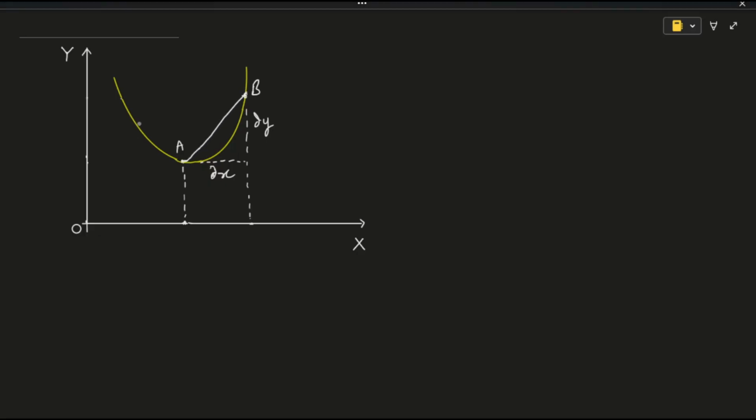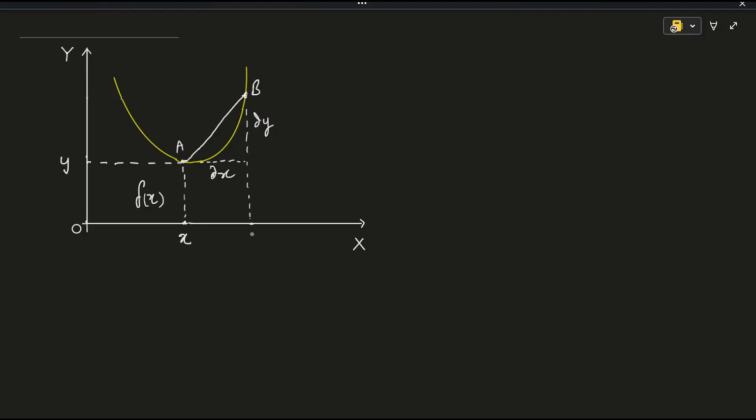And let us consider that the curve is defined by the function f of x. And if the position on the x-axis at this point is given by x, then the outcome of the function at this point on the y-axis is given by, say, y.